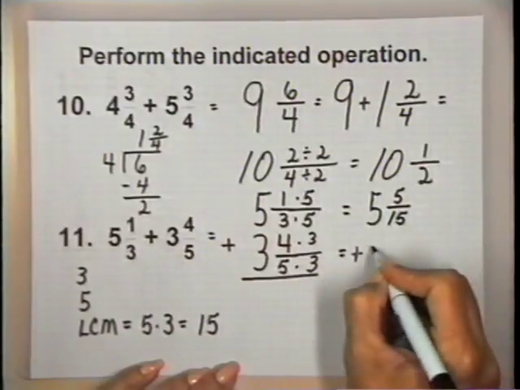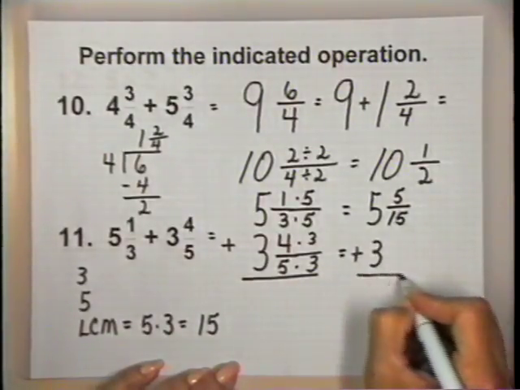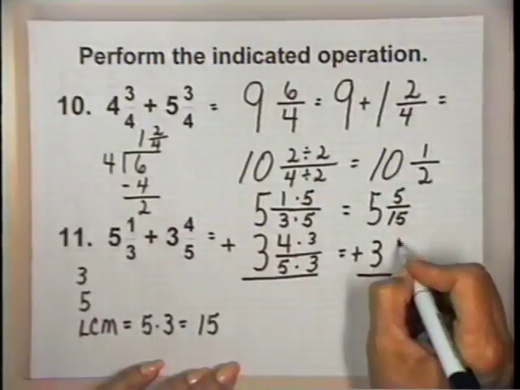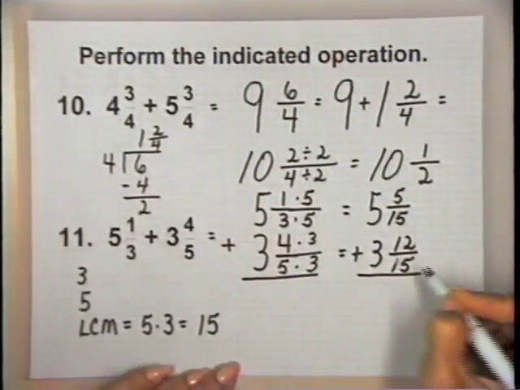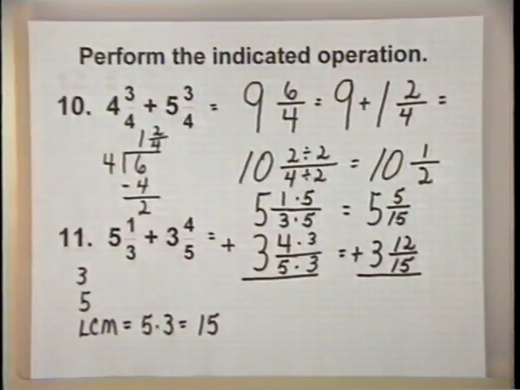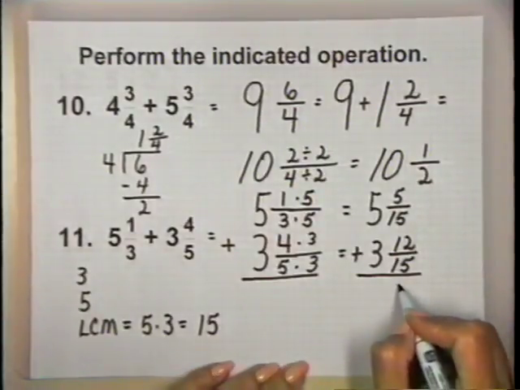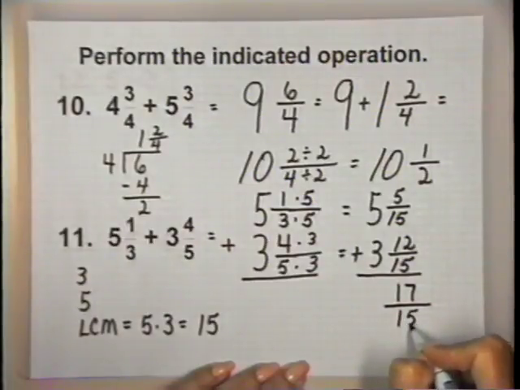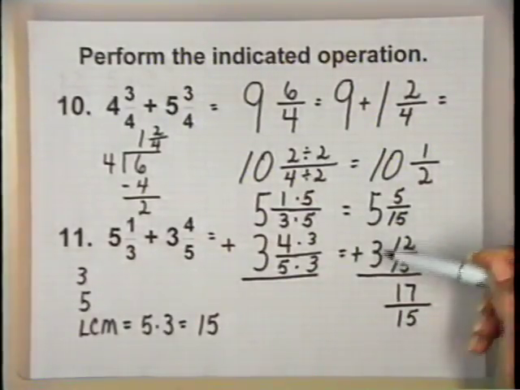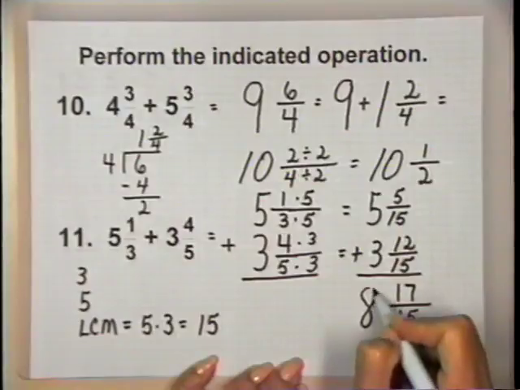For our second mixed number, we'll have 3 and 4 times 3 or 12 over 5 times 3 or 15. Our fractions now have the same denominator, so we may add them. 5/15 plus 12/15 will give us 17/15. 5 plus 3 will give us 8.